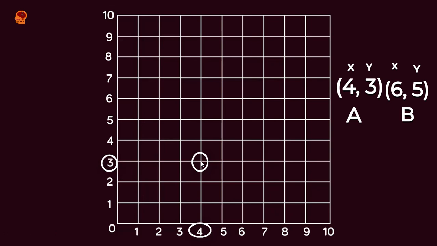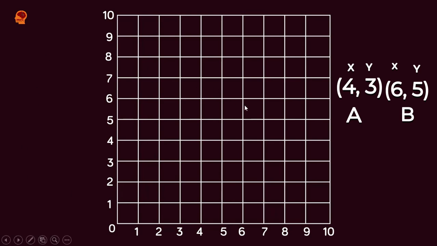Then we locate point B, which is 6 on the x-axis and 5 on the y-axis, and put a point here. Then you tag this point A and this point B. This is how to find a point or a place on a map. It is very, very simple.